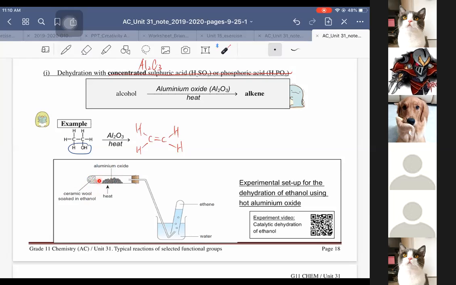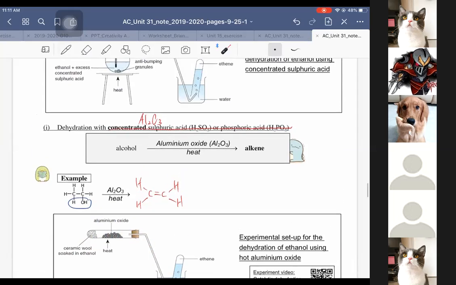When it evaporates, it will go through the catalyst and react, and then the ethene formed will go through the delivery tube and be collected here in the test tube. So that's the second choice that you can use to do dehydration.